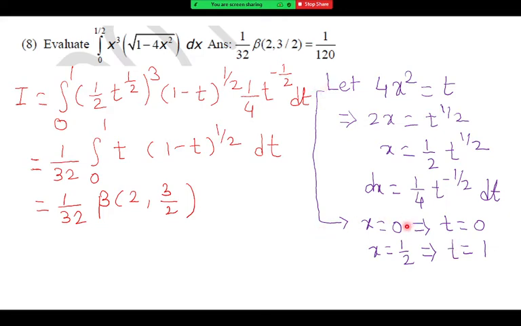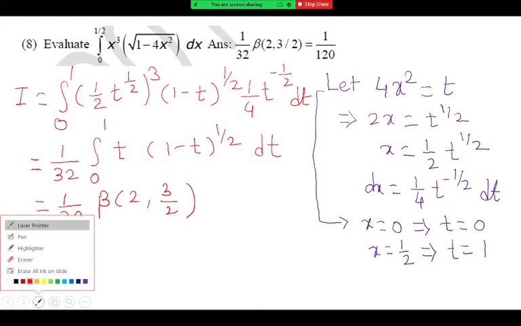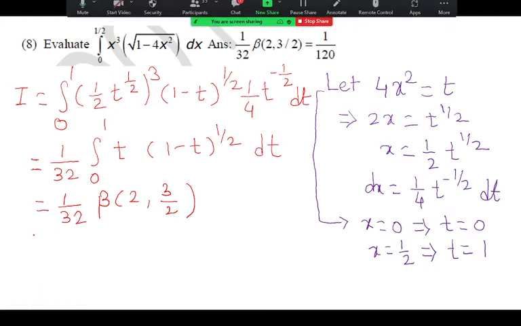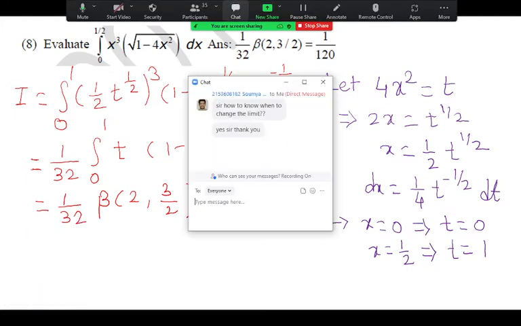Like in the previous examples also, you will come to know that the limits remain the same there. Is it clear? So that way you have to look for the limits. Your focus should always be on the limits.